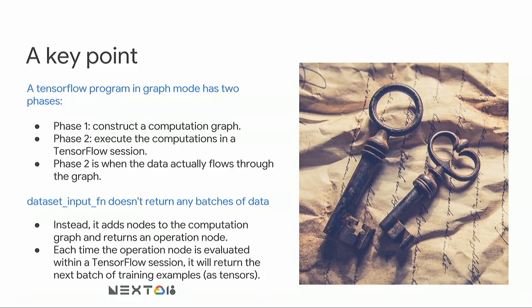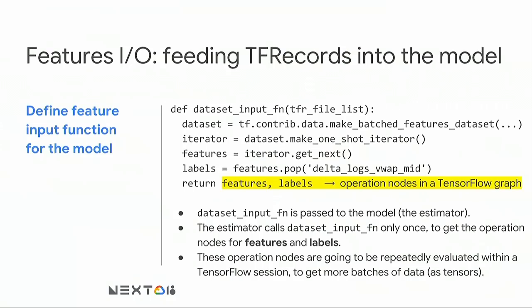And then, when later on the nodes are evaluated within a session, they will be returning the next batch of training examples upon each evaluation. So we're back to dataset input functions. It returns features and labels. So features is an operation node in a TensorFlow graph, and labels is another operation node in the TensorFlow graph.